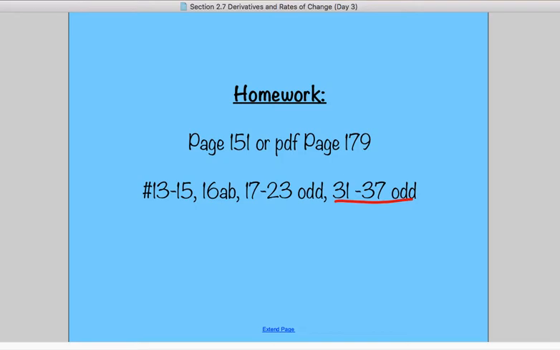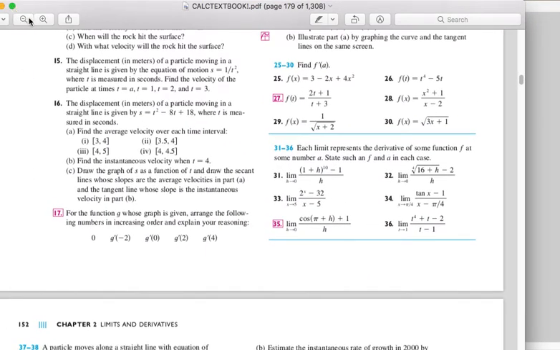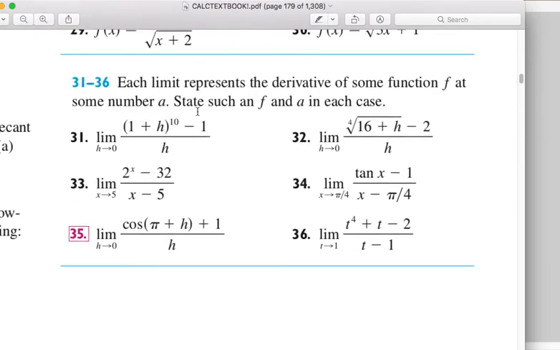I don't want to give it away too much, but on 31 through 35, it says each limit represents the derivative of some function f at some number a. State such an f and a in each case.